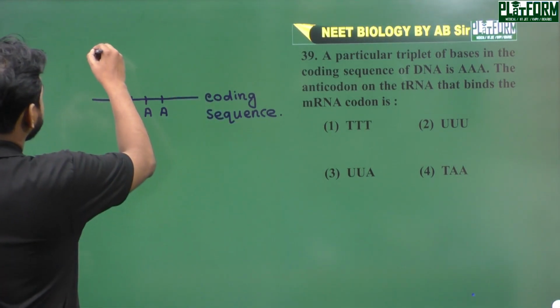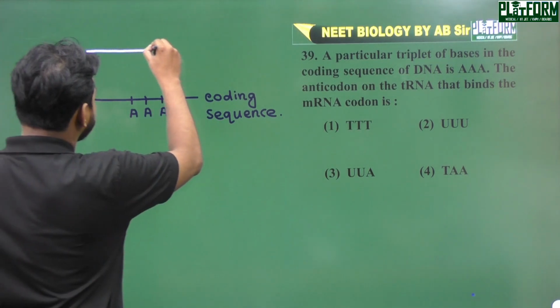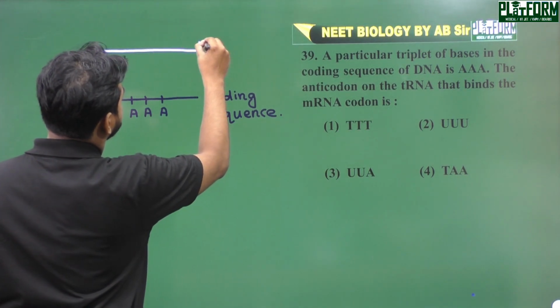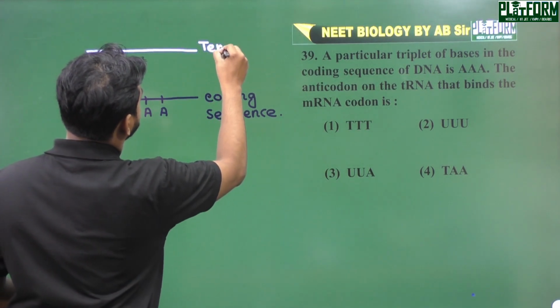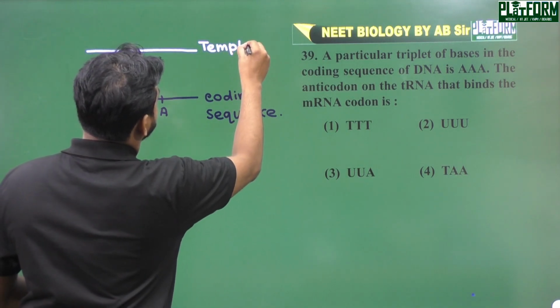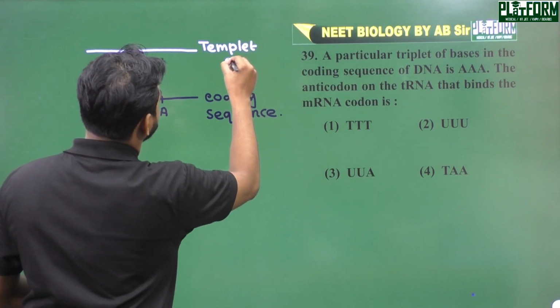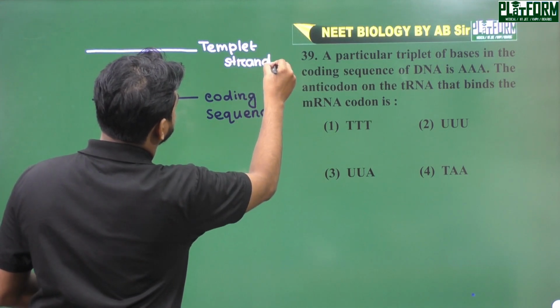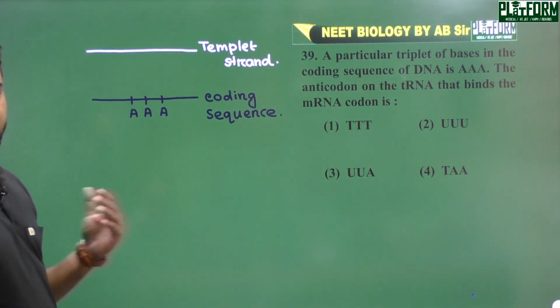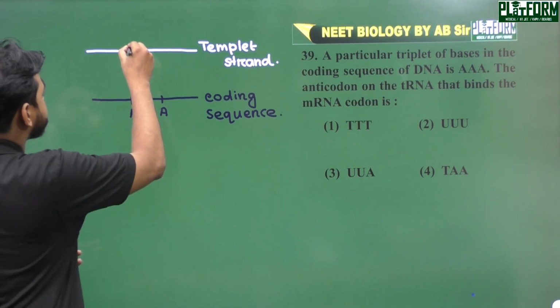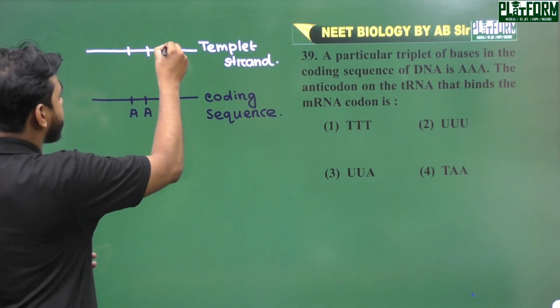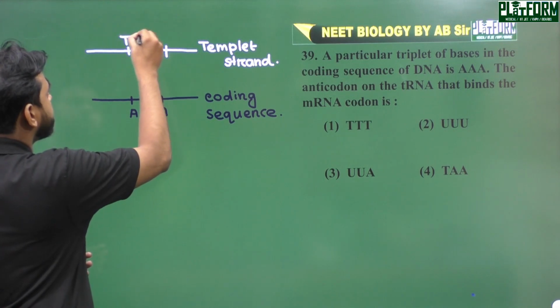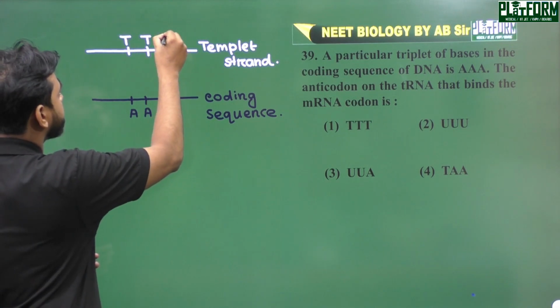That means, let us assume this one is a template strand, then definitely the nitrogen bases which is present in the template strand is T, and T.